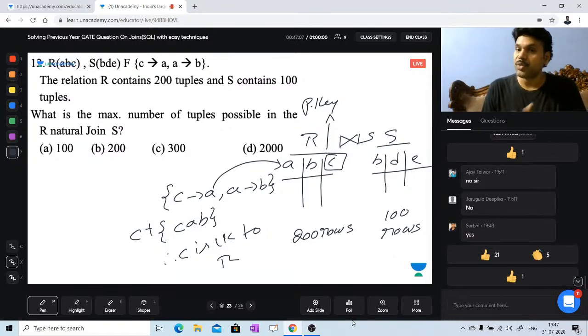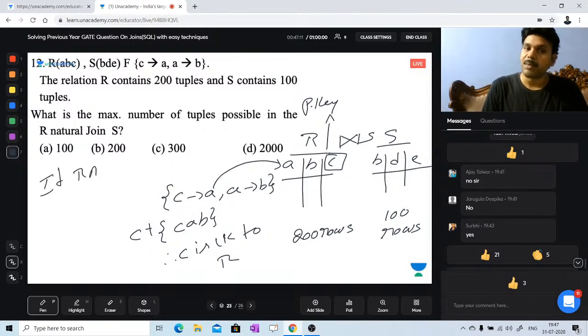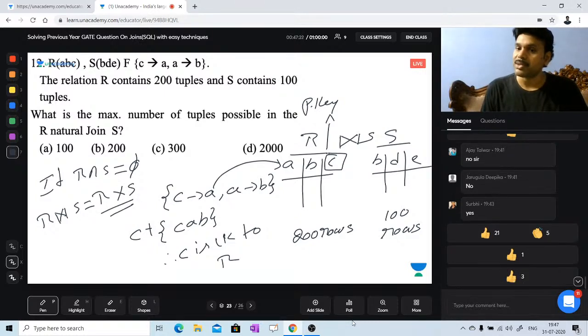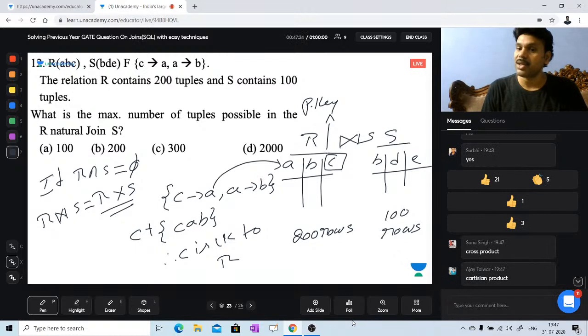Then we know the rule: if there is no common column between R and S, then R natural join S is equal to R cross S. As there is no common column, your answer is R cross S, a Cartesian product. Therefore 100 tuples will be multiplied with 200, and you will get 20000 combinations. Okay, friends? Let us go to the next question. Let's crack it.